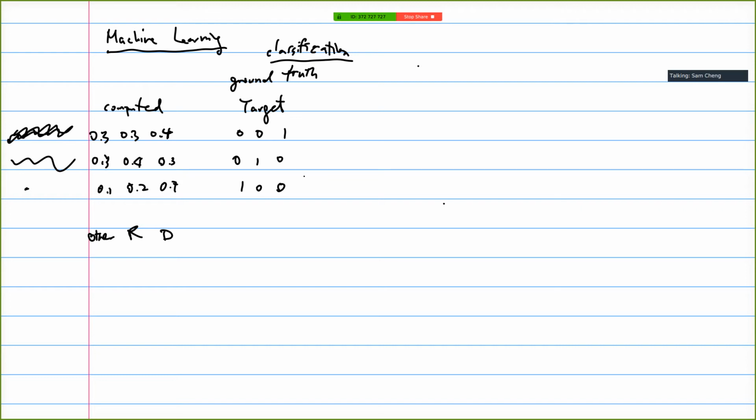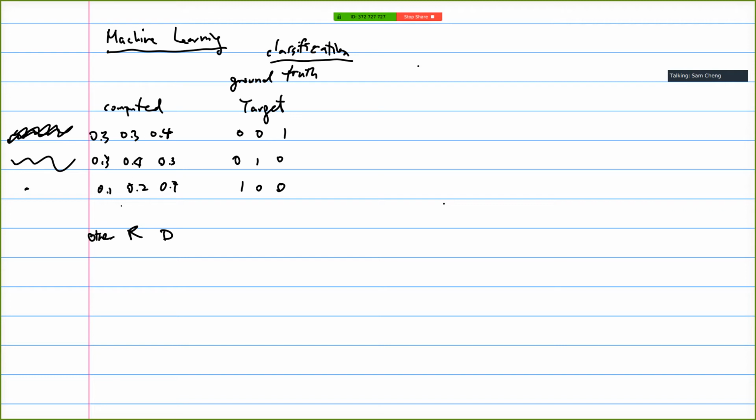From here you can see for the first record, the system made a correct prediction, right? Because it says most likely he is a Democrat, and indeed he is a Democrat. The second record is also a correct prediction: the most likely party is Republican, and the ground truth is also Republican.